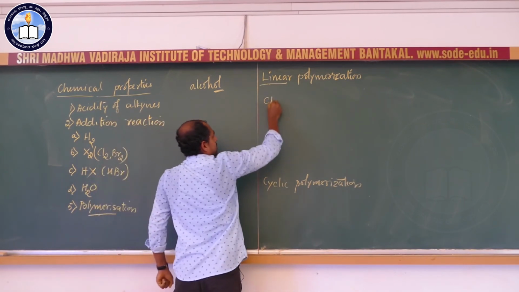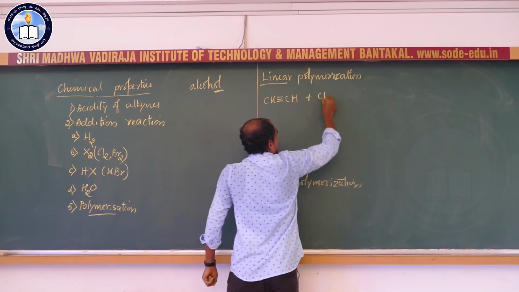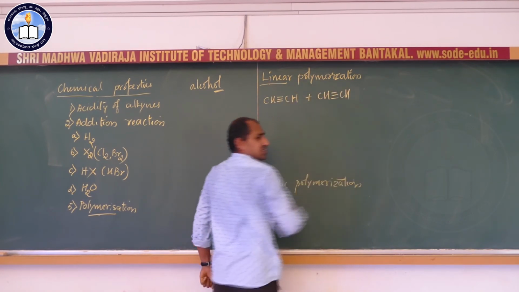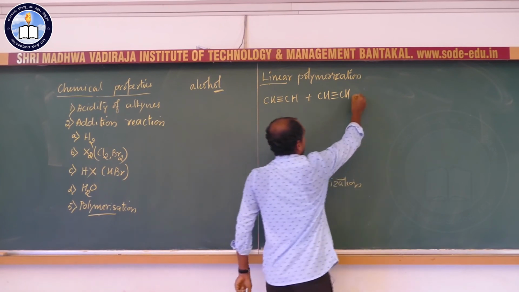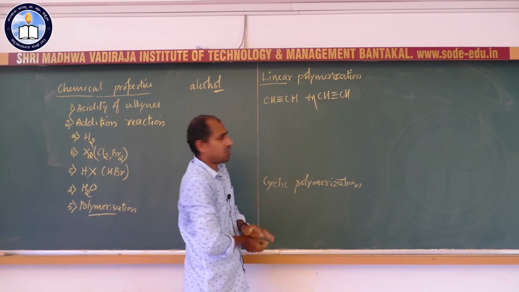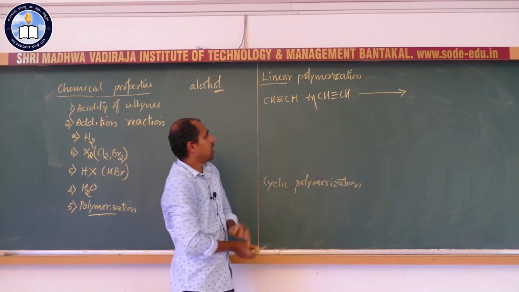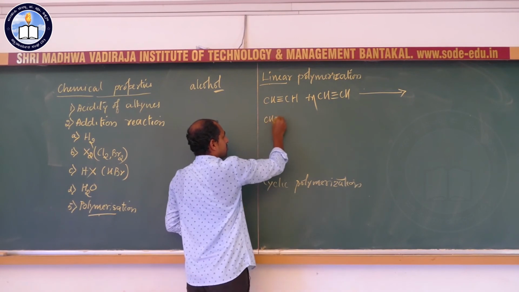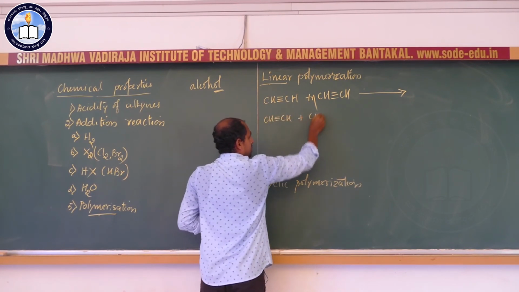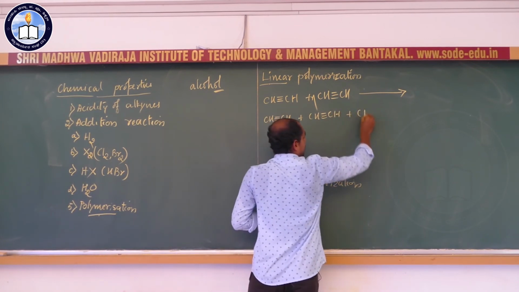Here, ethyne joins with a number of such ethyne molecules, I will take it as n. n means a large number of ethyne molecules, to give the corresponding polymer. How does polymerization take place? You know ethyne has a multiple bond, a triple bond.